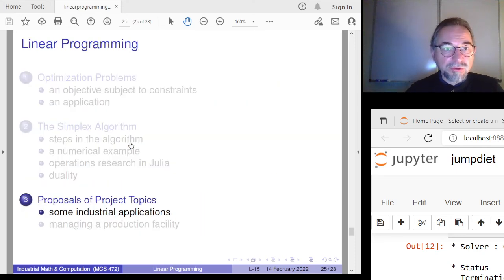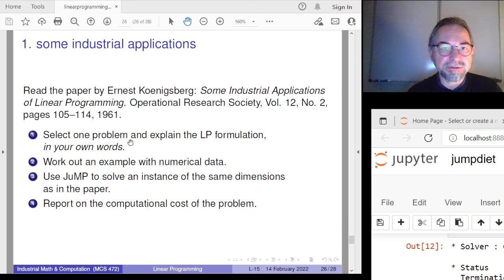Okay, so that concludes the first two parts of the linear programming. Now in the remainder, I will not need the entire 10 minutes allotted for this lecture. So let's look at two topics for a second project.